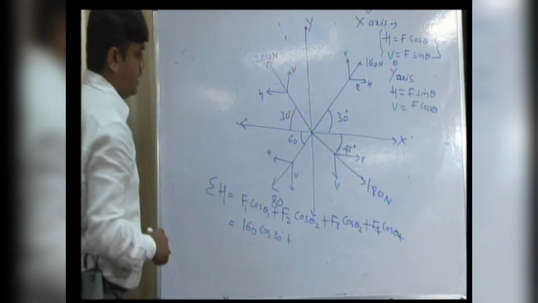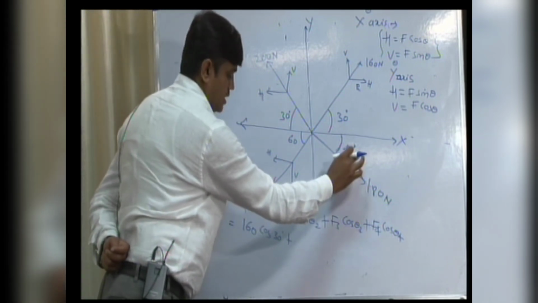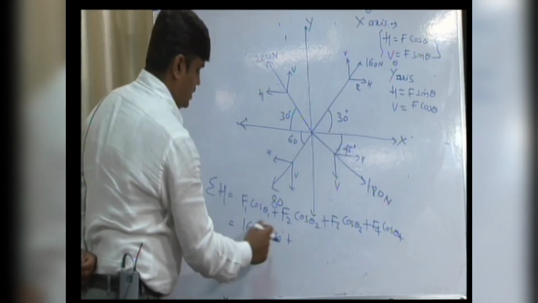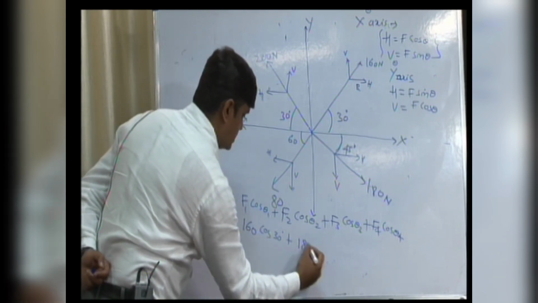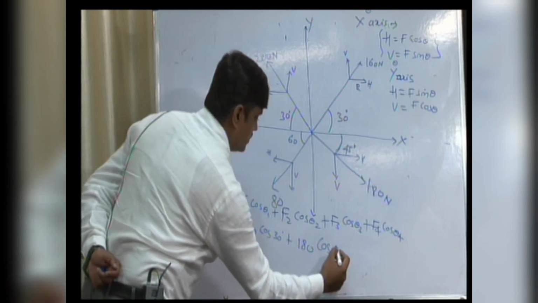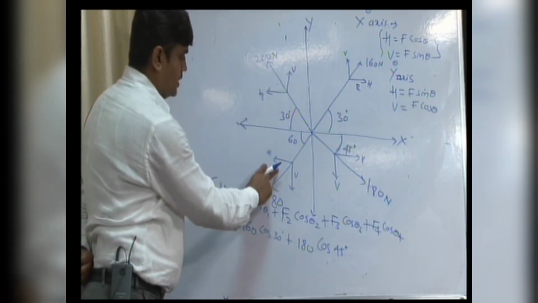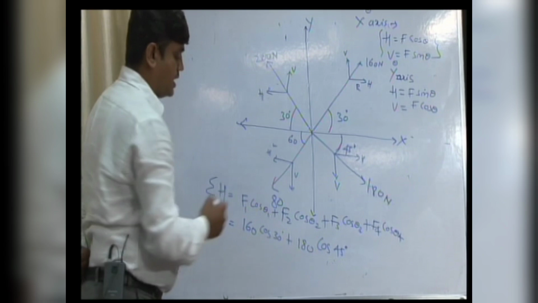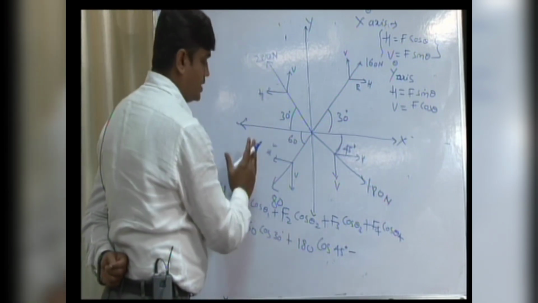Come to the second force, horizontal component, it is right, positive: F2 is 180, cos 45 degree. Here, observe that the horizontal component is towards left. Take negative, as I told you, left side is negative.